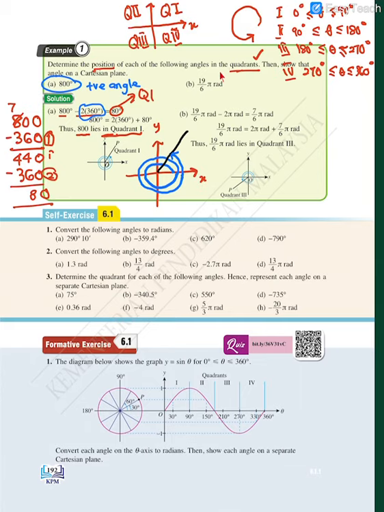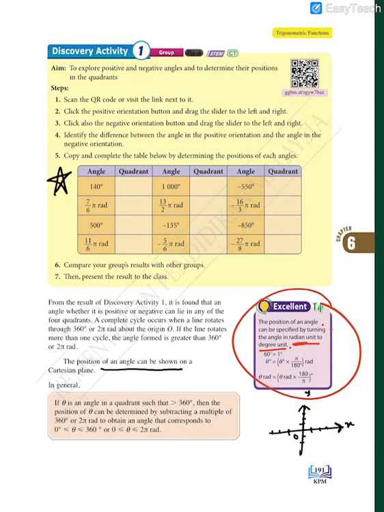Okay, so we goes to question B. How we want to determine the position for this angle 19/6 pi radian, and how to show in the Cartesian plane. Okay, so we know that, okay, for one pi radian is equals to 180.